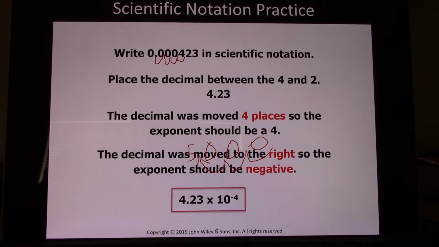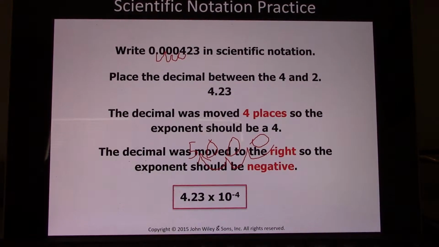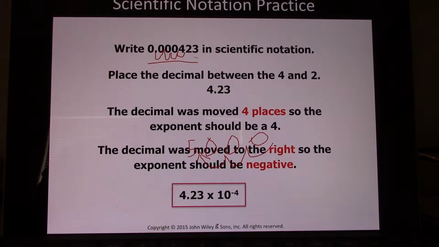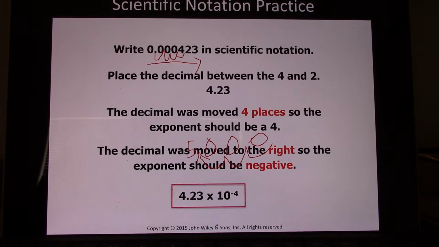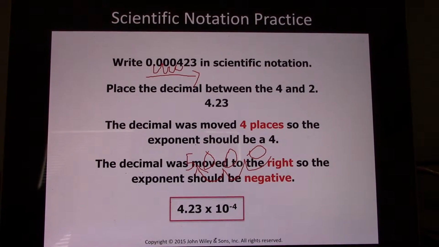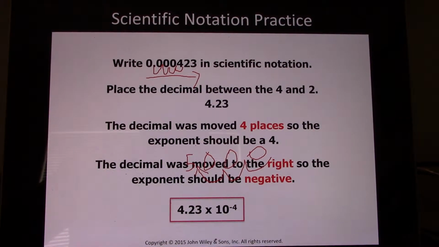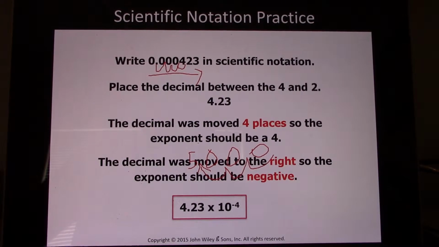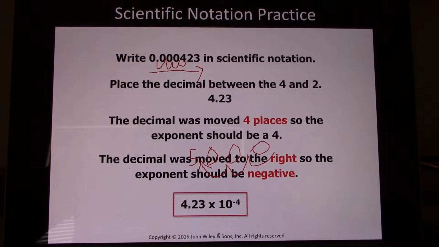So notice when they say if the decimal moves to the right, you have a negative exponent because up here it was moving to the right. If the decimal moves to the left, it'll be a positive exponent. And again, an easy way to double check that is to ask yourself, is the number bigger than 1 or smaller than 1? If the number is bigger than 1, positive exponent.